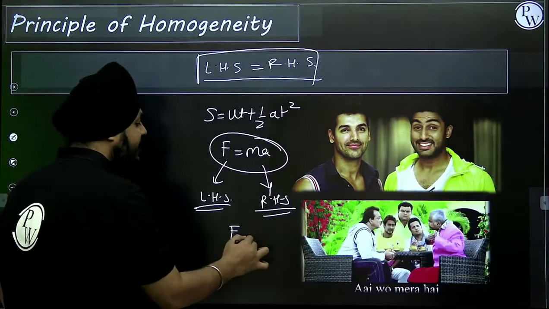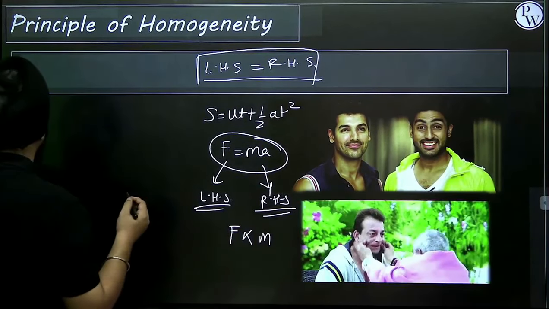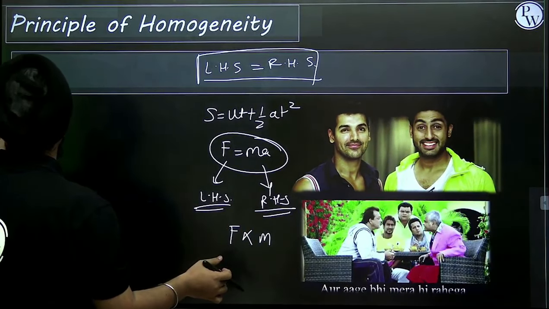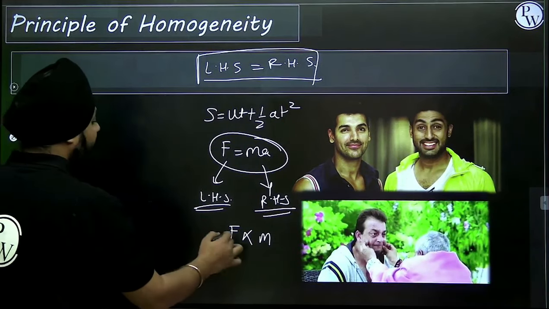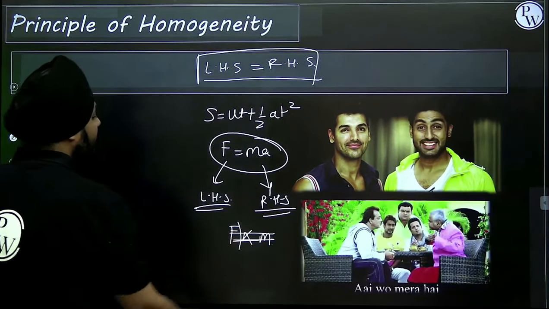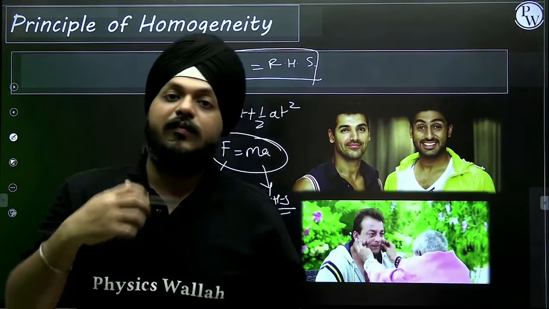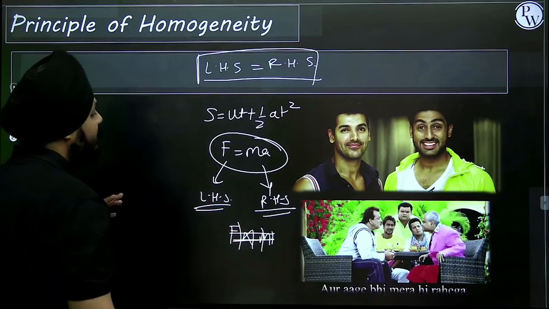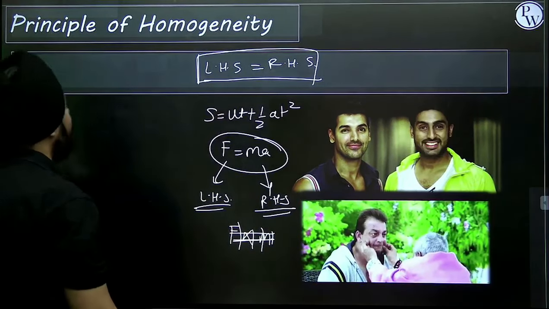Mathematically we write F is directly proportional to M. Not in this case: we can write it dimensionally as a direct relation of one physical quantity with another physical quantity. So LHS equal to RHS, that we are writing dimensionally.